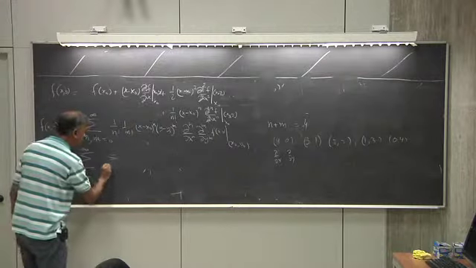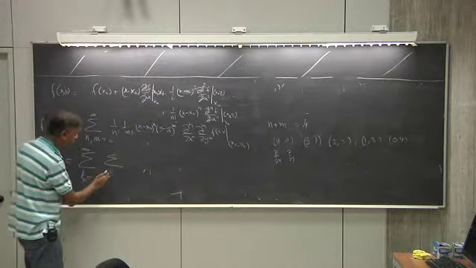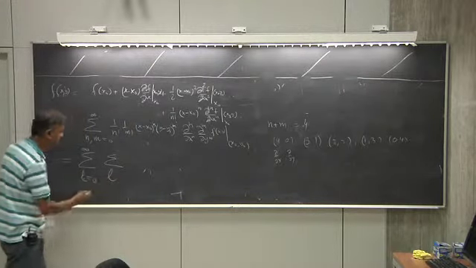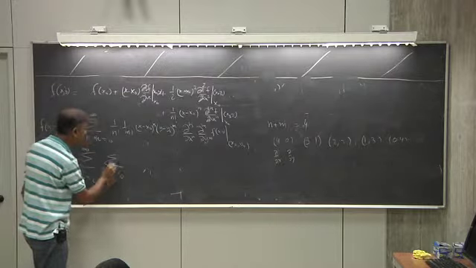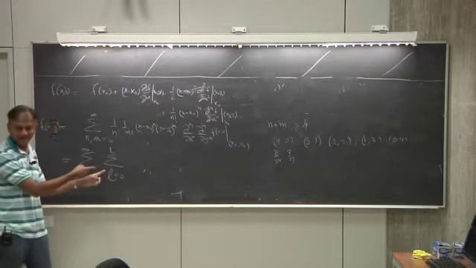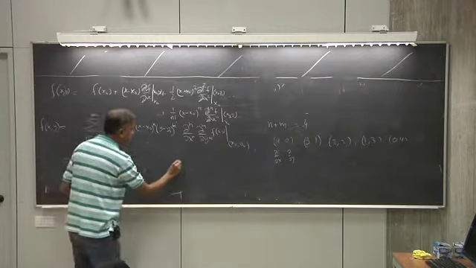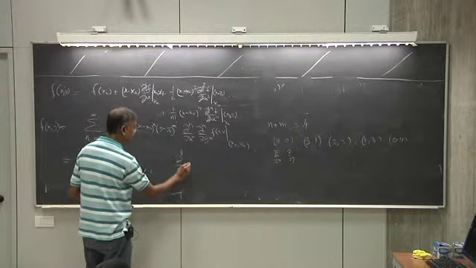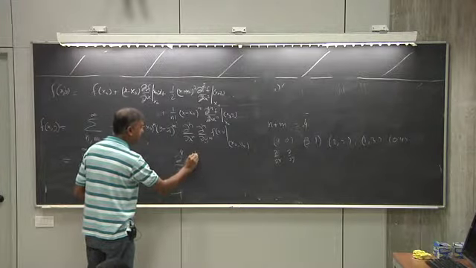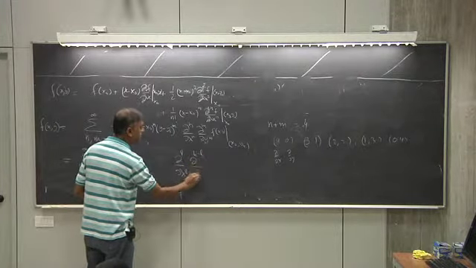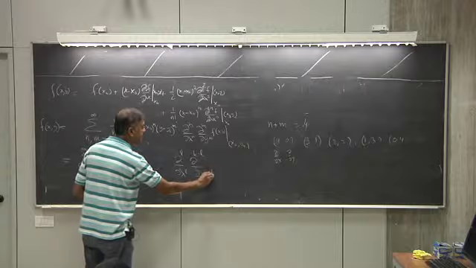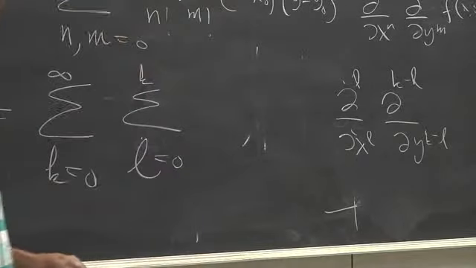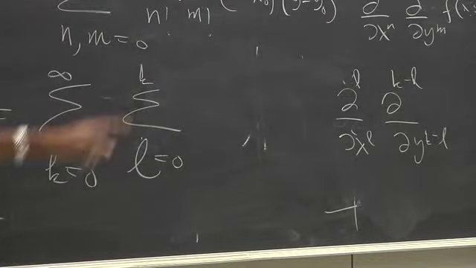So I have to sum over all possible n. This n is not the same, so let me put a different symbol, L. L going from 0 up to k. Maximum is k, right? And then you have d by dx to the L, that is d^L by dx^L, and d^(k minus L) by dy^(k minus L). Okay. So this L goes from 0 to k.